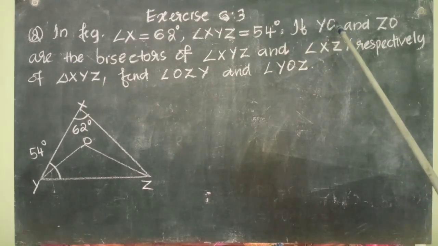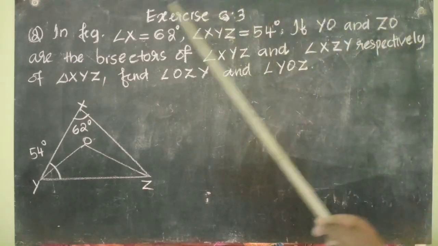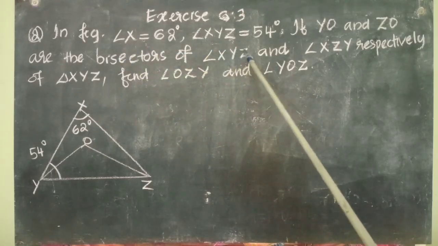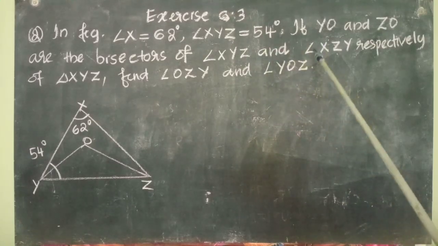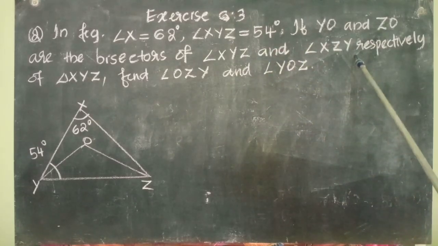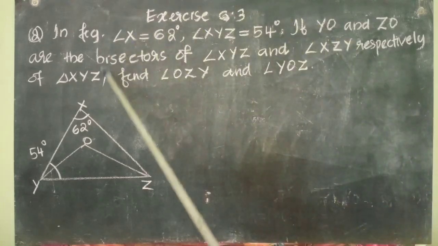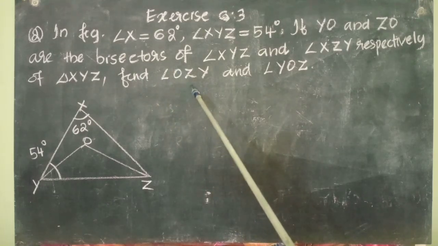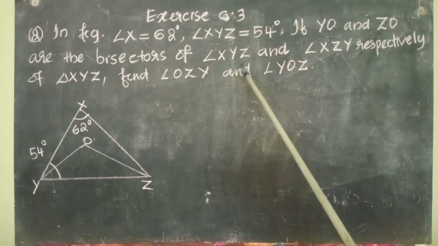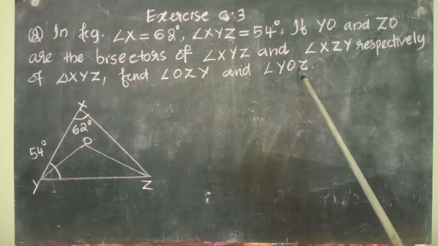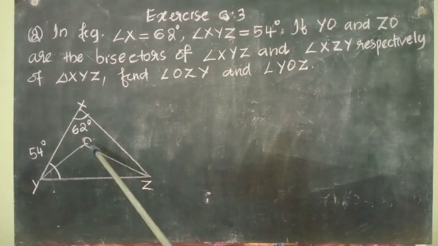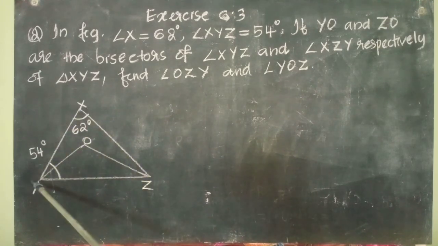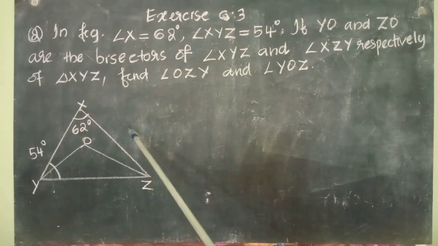If YO and ZO are the bisectors of angle XYZ and angle XZY respectively of triangle XYZ, find angle OZY and angle YOZ. Here is the figure: triangle XYZ, angle X, angle Y, angle Z.